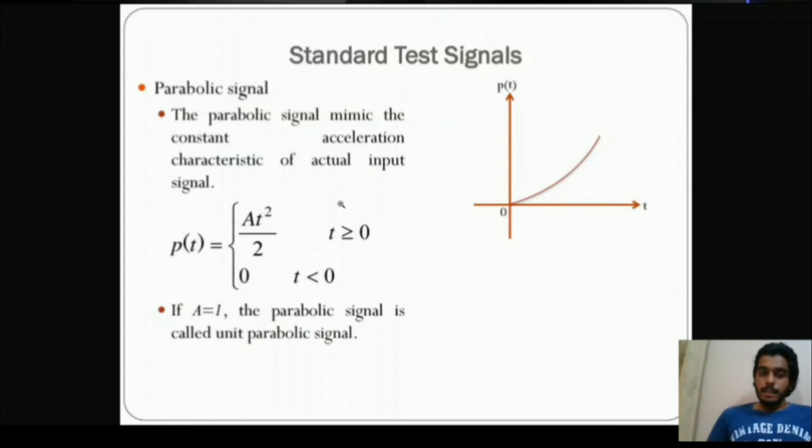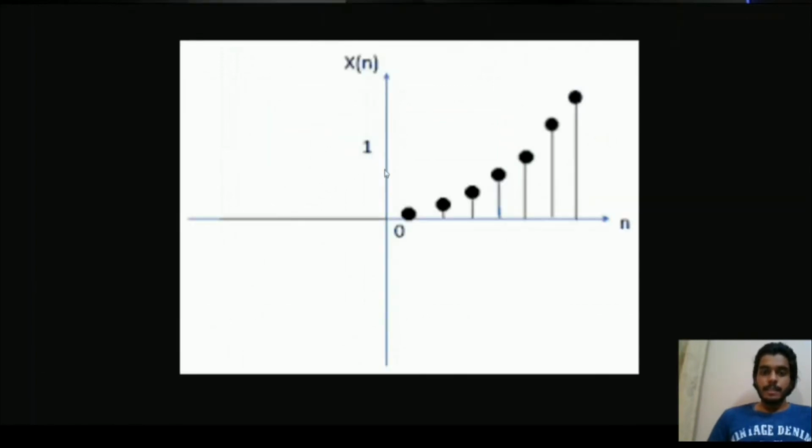The physical significance of the parabolic signal is that it mimics the constant acceleration characteristic of an actual input signal. Having said that, let us now look into the discrete time case of the parabolic signal, as shown below. Here we can see that the graph is plotted only at certain discrete points of interval n.